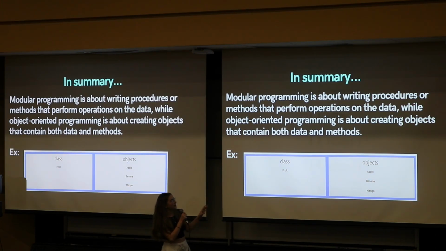So you can see in the example, we have our class fruit, we've got our objects apple, banana, mango. So I kind of want you to relate this back to data structures, where you guys had your food class, right? Food or movie, I don't know exactly which, I think it was food probably. So you had your food class, and then when you created your food object, let's say in a testing file or wherever, you would create, let's say the parameters for the food class were origin and name, right?